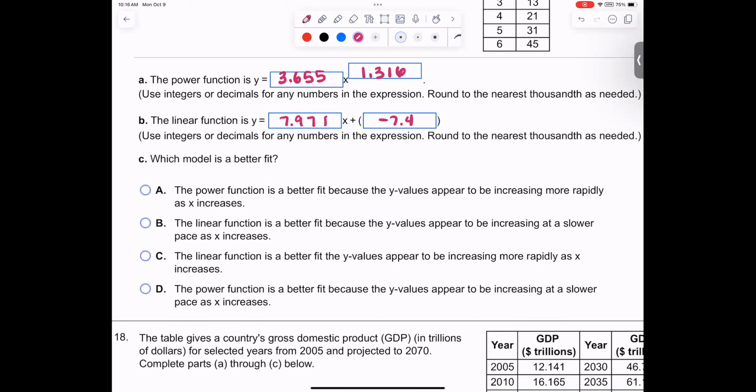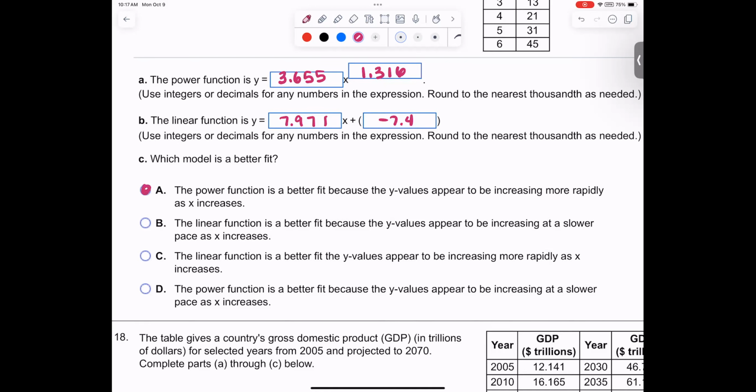Do you remember what that graph looked like? If it's concave up, that means it's increasing more rapidly. Is that concave up? So which one is it? Is it D? A? It was A, wasn't it? It's A.